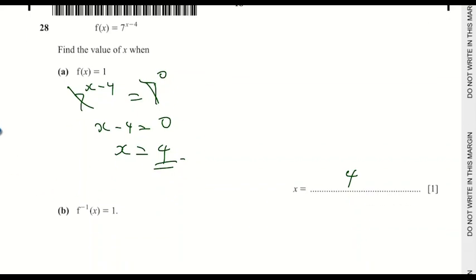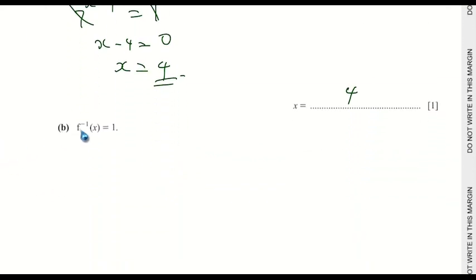Okay, part B, f inverse of x equals 1. So we need to firstly find the inverse. To get the inverse, we can say that y equals f of x, which equals 7 to the power of x minus 4.